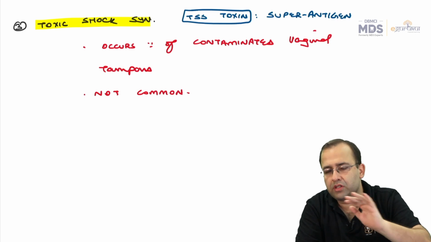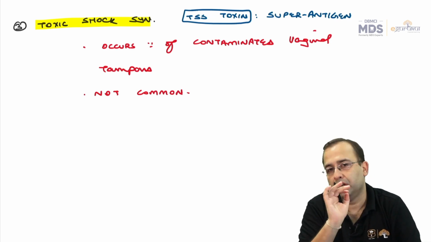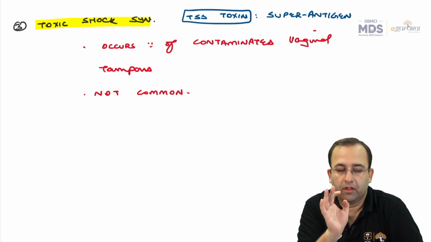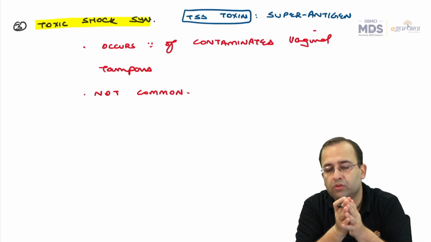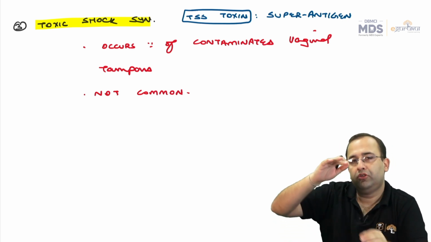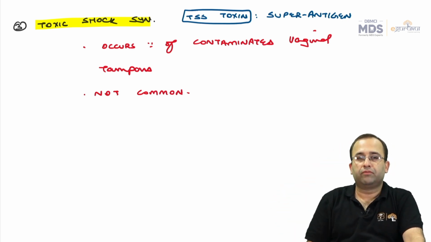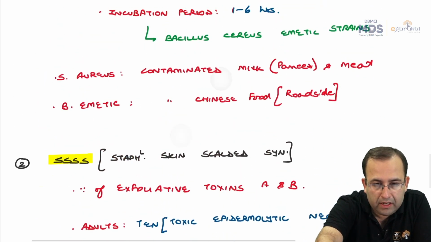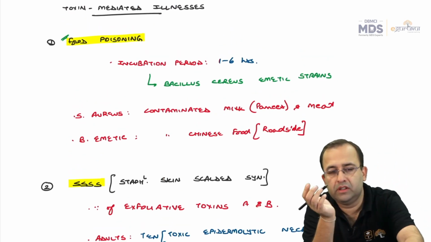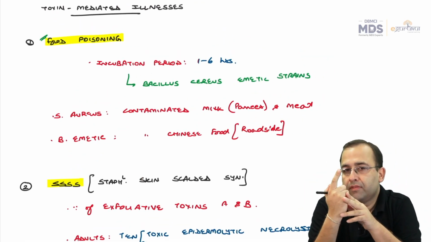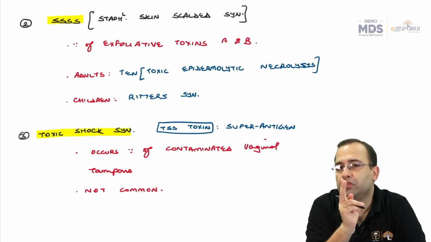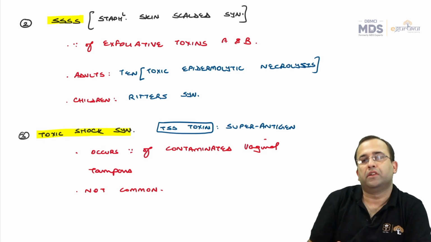Superantigen means it is causing non-specific activation of B and T cells in the body, leading to a massive cytokine storm, with shock-like symptoms throughout the body. So these are the toxin-mediated illnesses: food poisoning, SSSS, that is staphylococcal scalded skin syndrome, and toxic shock syndrome.